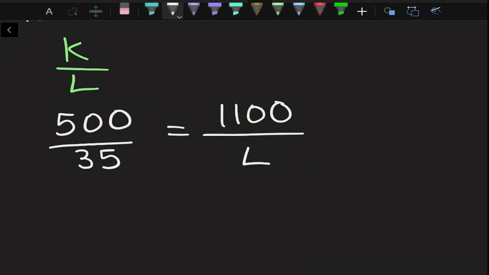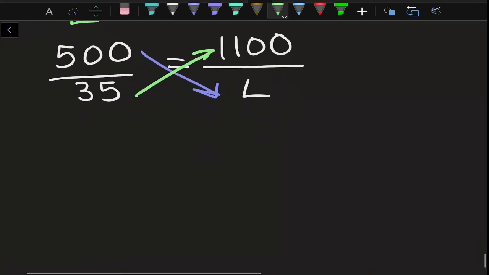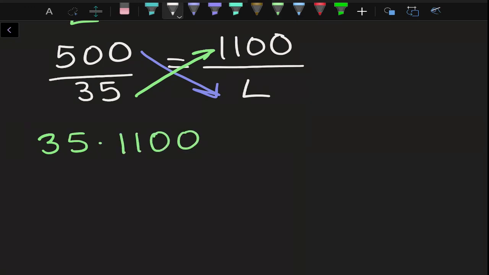Okay, so again, nothing changes here. We're still going to cross multiply even though it's on the bottom. And this time I'm going to end up with 35 times 1,100 is equal to liters times 500. Okay?